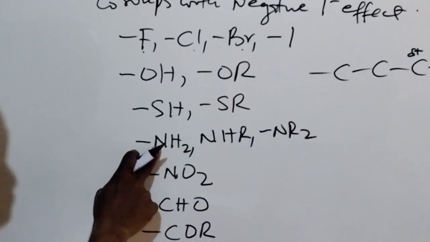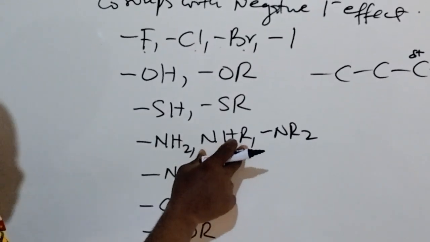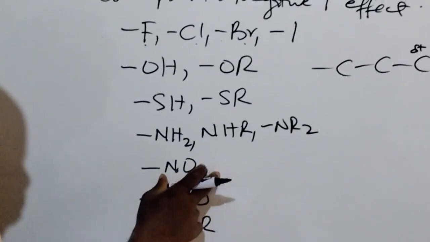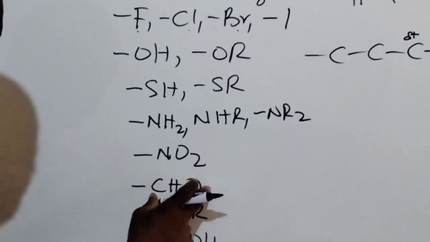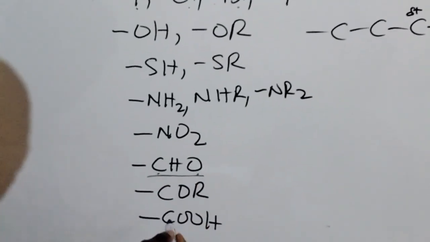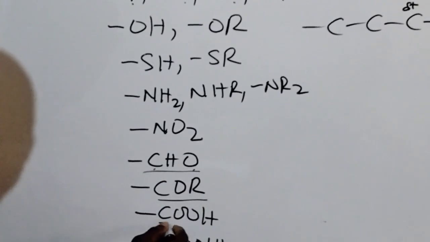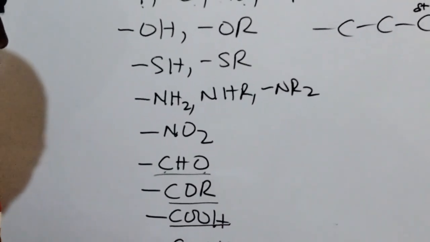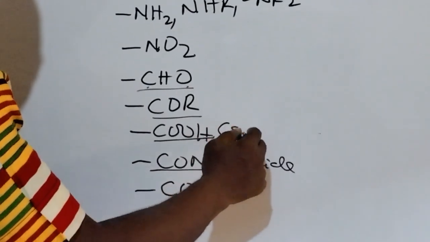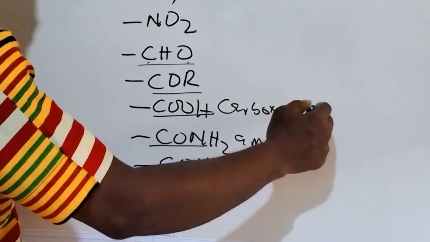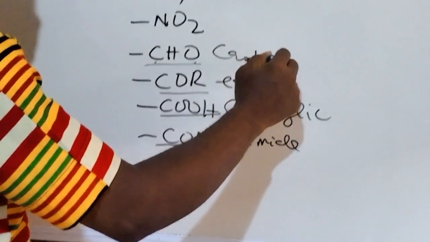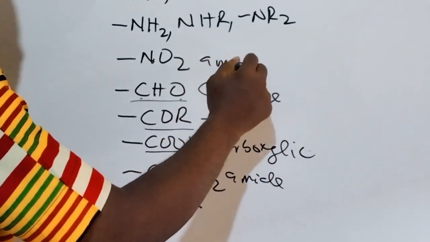We have the amino group, the alkylamino group, the dialkylamino group, the nitro group, the aldehyde or carbonyl group, the ester group, the carboxylic group, and the amide group.